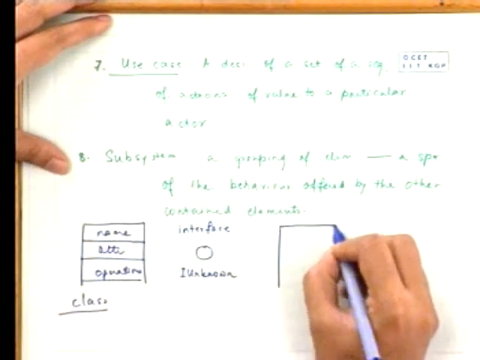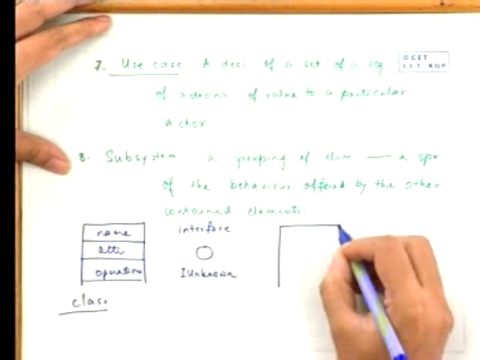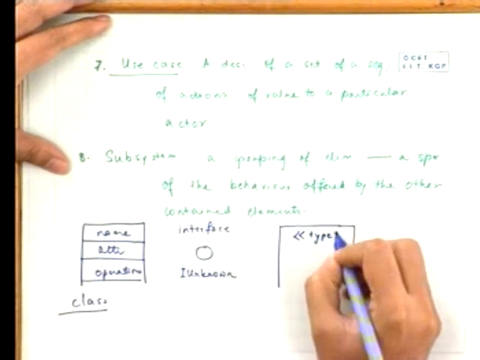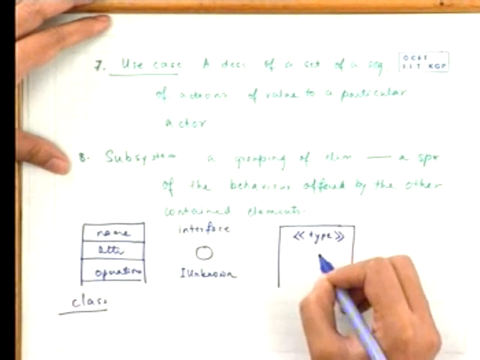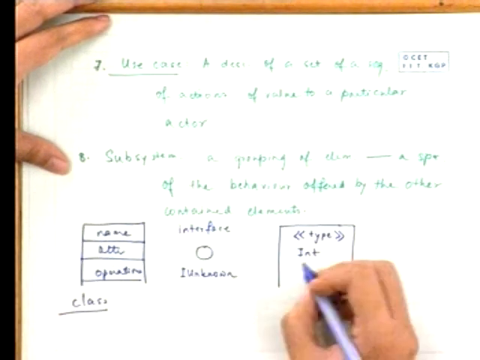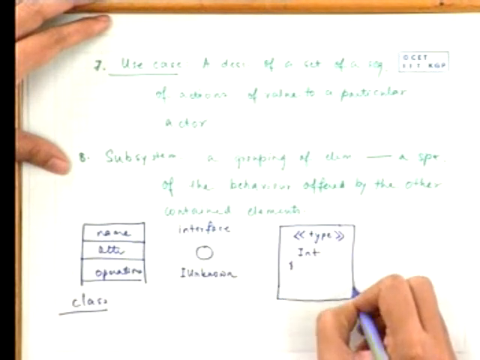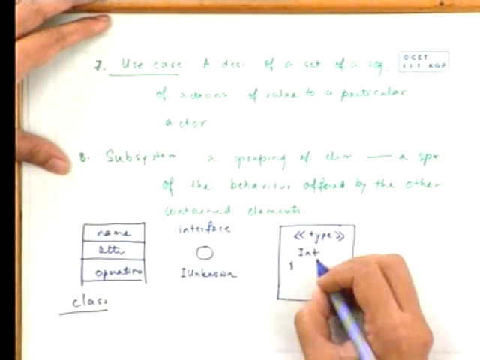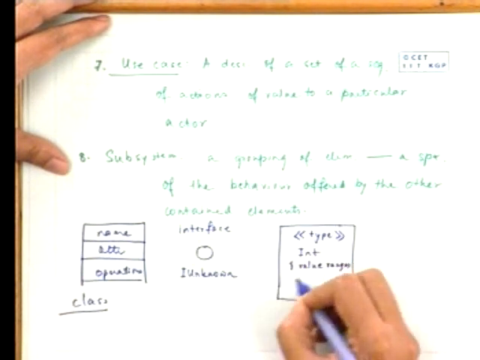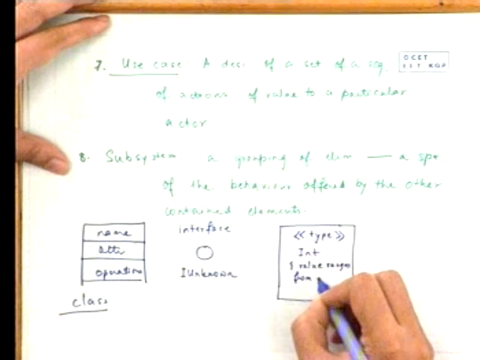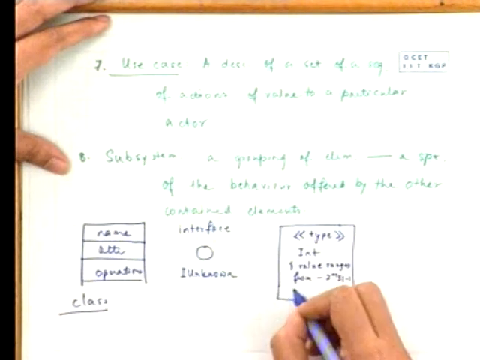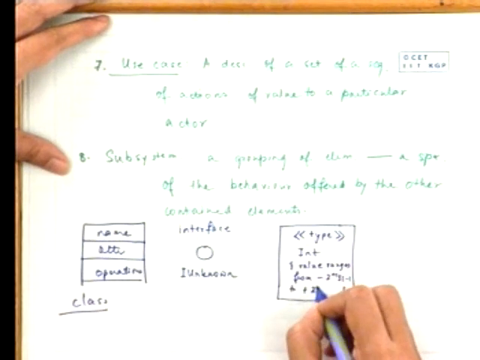Now, how are data types represented? Data types are represented by a rectangle in which the stereotype type is written, and the name of the type is given here, and other comments or constraints are written within parentheses. For example, the constraint could be that the value of int ranges from minus 2 to the power 31 to plus 2 to the power 31 minus 1.